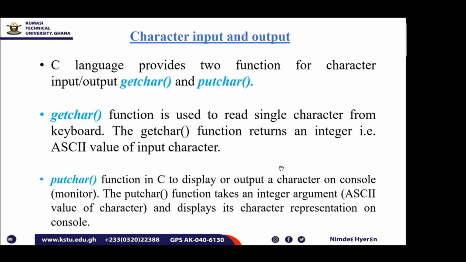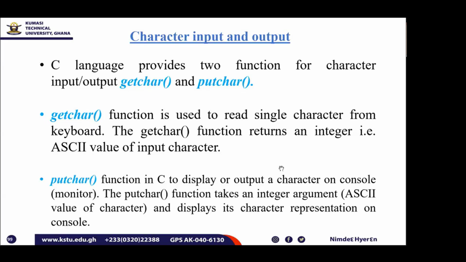If we are dealing with characters, we have the input and output functions that are used for characters. That is getchar and putchar. getchar is the function used to read a single character from the keyboard, so it is an input function.